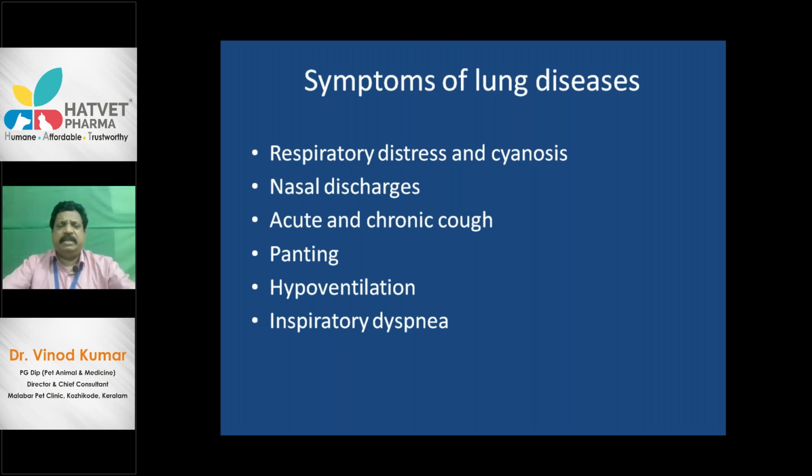Sometimes in some conditions, inspiratory dyspnea can happen when it is associated with upper respiratory tract also. Okay. So yesterday I told about the dyspnea. There are 3 types of dyspnea. Which are they? We have the inspiratory dyspnea.